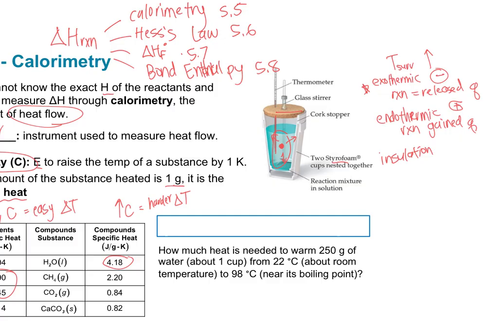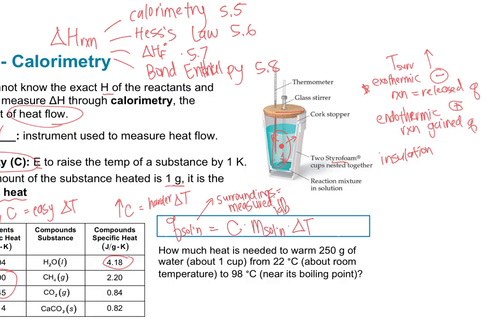So the equation involving heat is that the heat involved of my solution, which I'm going to also put is the surroundings, what we measure in the lab, is equal to the specific heat times the mass of the solution times the change in temperature of that solution.